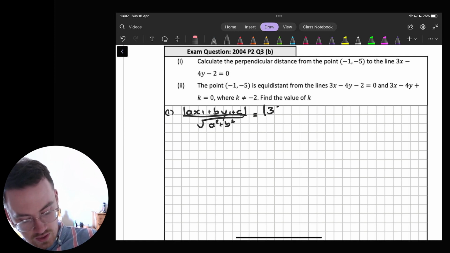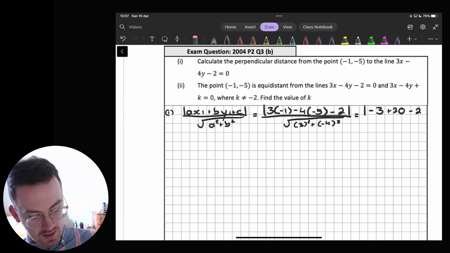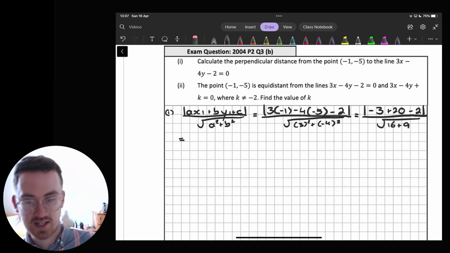So 3 by minus 1 plus minus 4 by minus 5 minus 2, over the square root of 3 squared plus minus 4 squared. You notice that one comes up a lot. I like the 3 squared plus 4 squared because it gives you 16 plus 9, which adds up to 25, which has a nice square root.